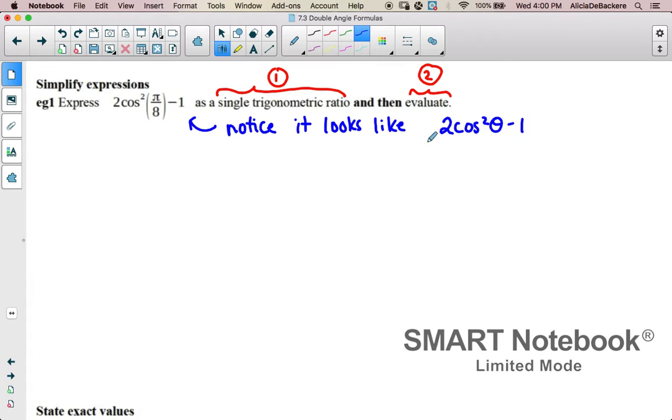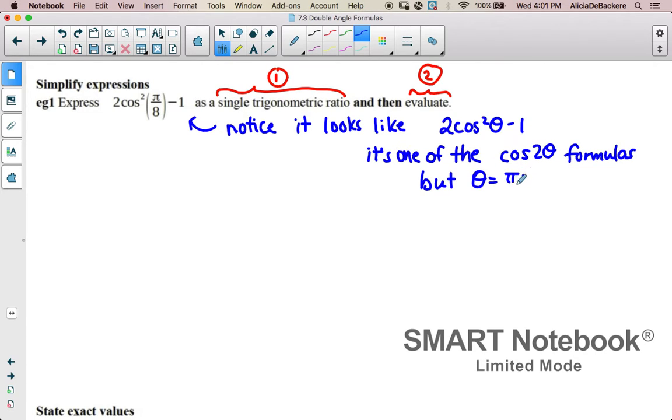So that kind of looks like my formula. This is one of my two theta formulas, but here we've got that theta is pi by 8.